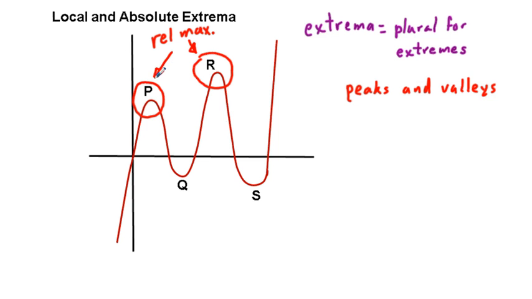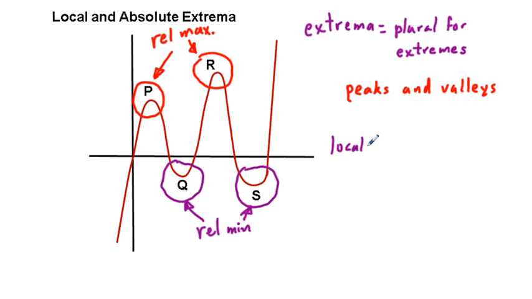And those will be peaks. And down below, here around point Q and point S, we have relative minimums, or local minimums, they call it. So local, the word local, sometimes you'll call that relative.